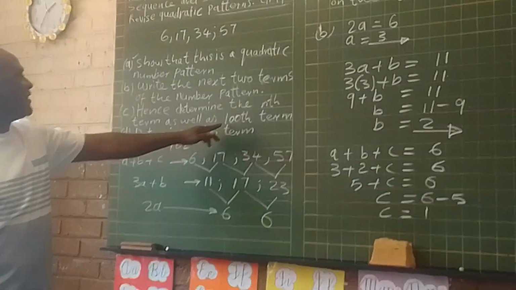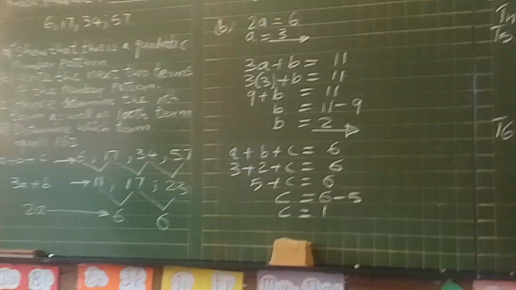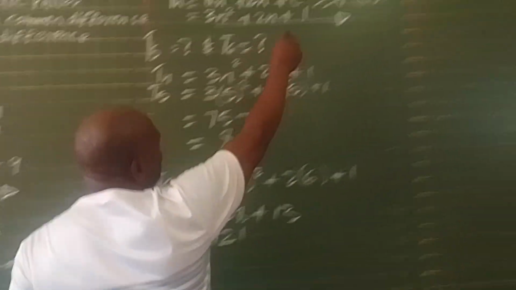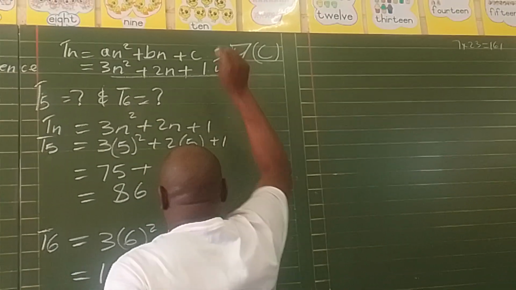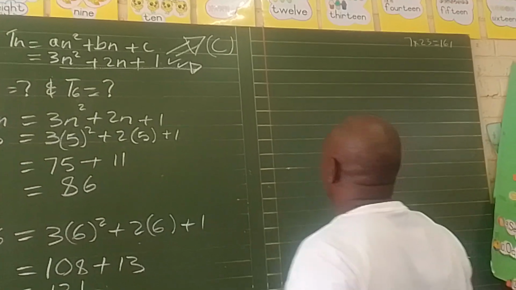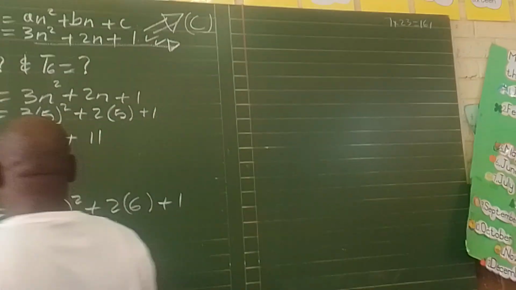They say hence determine the nth term as well as the 100th term. This is the nth term. Now let's go for the 100th term.